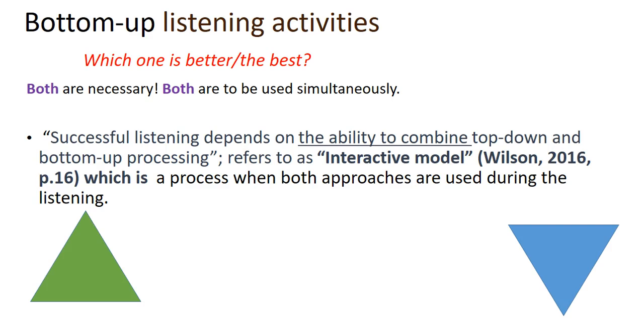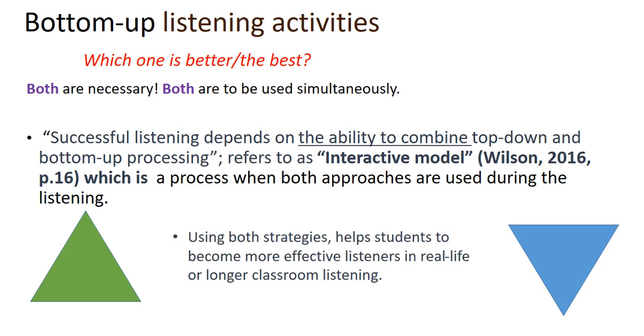And this is what we mentioned earlier, that Noonan named the interactive model. It refers to the process when both approaches are used during the listening. Using both strategies helps the students to become more effective listeners in real life or in longer classroom listening.